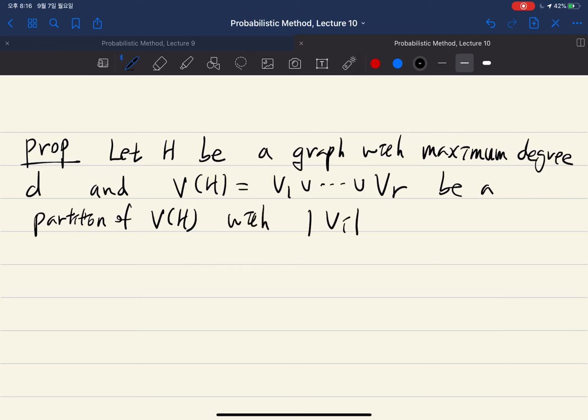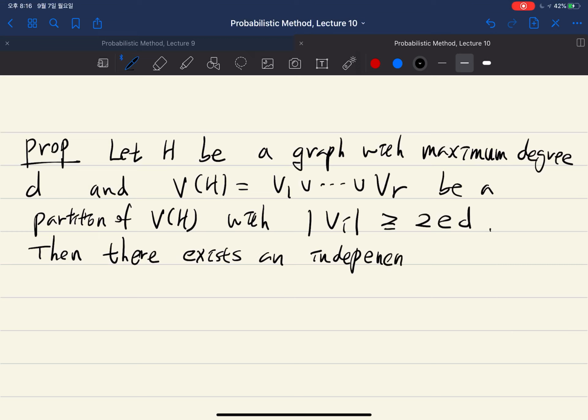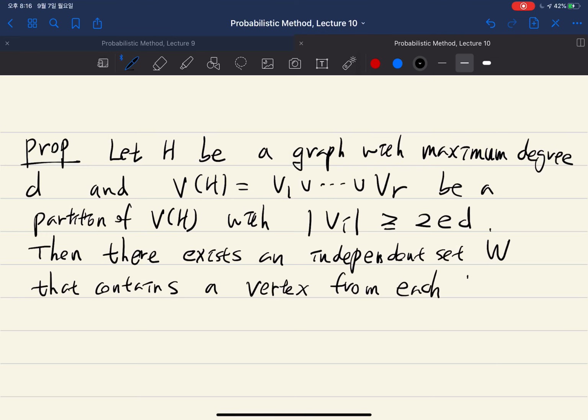And suppose each Vi has size at least 2 times e times D. Again, e here is the base of the natural log. Then we want to show that there exists an independent set W that contains a vertex from each Vi.